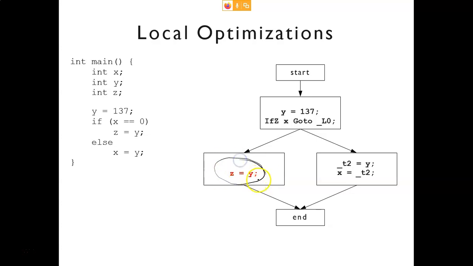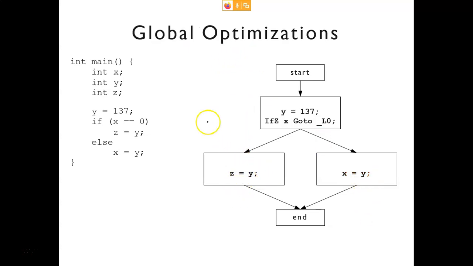All these are local optimizations, because we are performing optimization inside a basic block. Here also you can perform the copy propagation analysis.